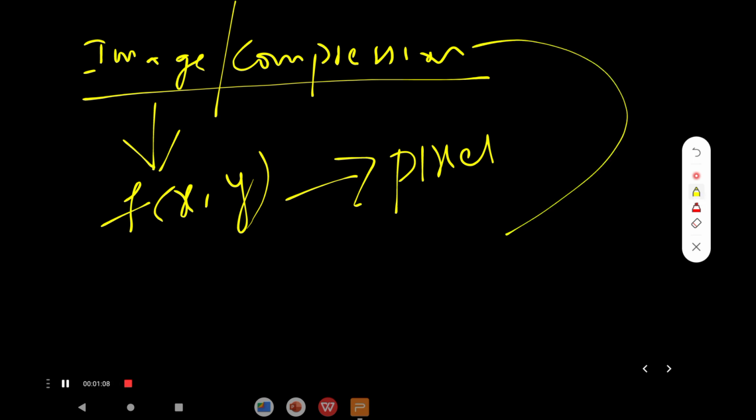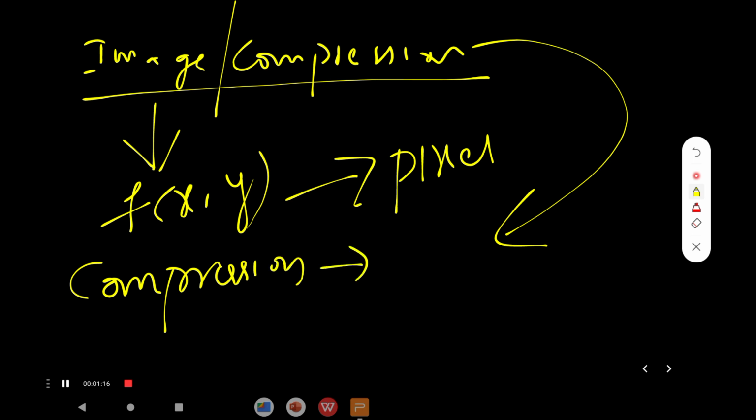Now coming to what is meant by compression. Compression means that the amount of data required to represent an image is one of the basic needs of representing images.